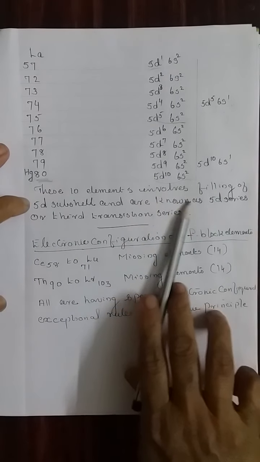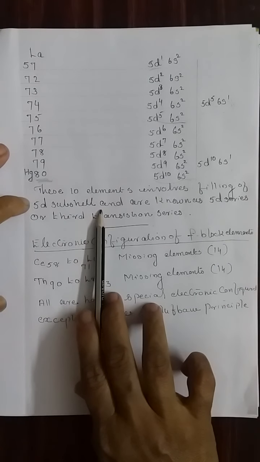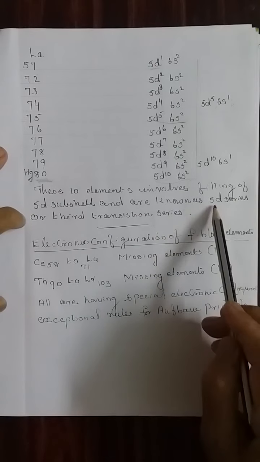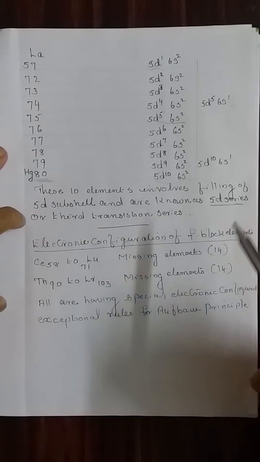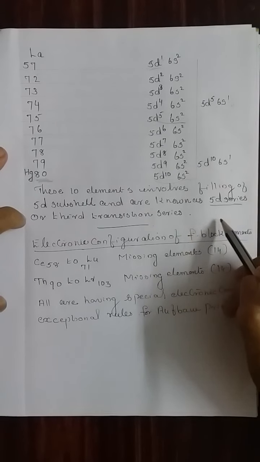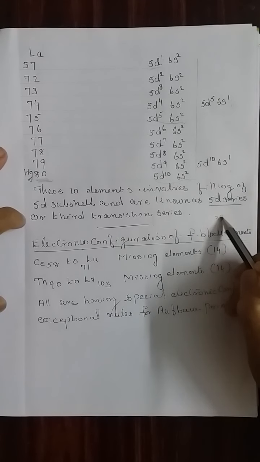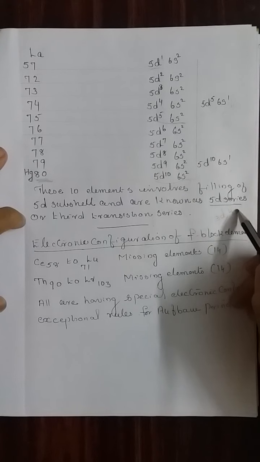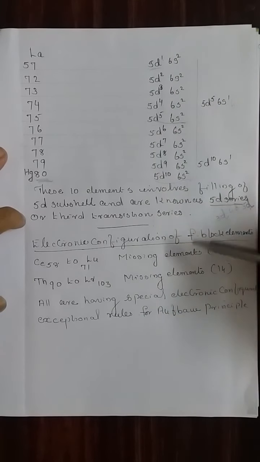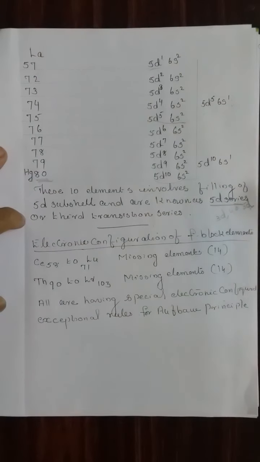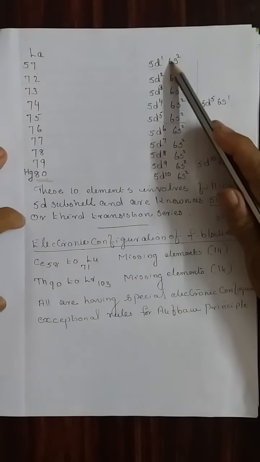These 10 elements involve the filling of the 5d subshell and are known as the 5d series or third transition series. Please refer to the syllabus. You have to study about the 3d series, 4d series and 5d series. Therefore, you must have a thorough idea about the electronic configuration of all these three series, each element, atomic number, and the differences.